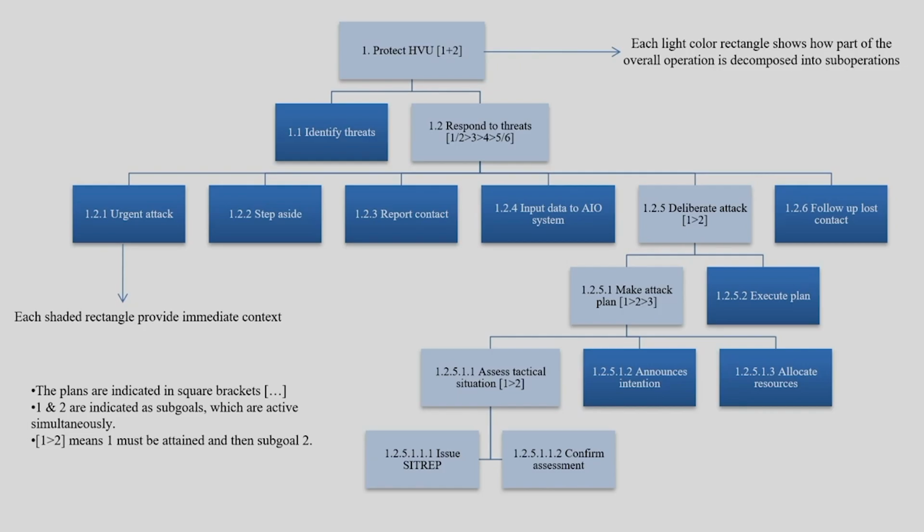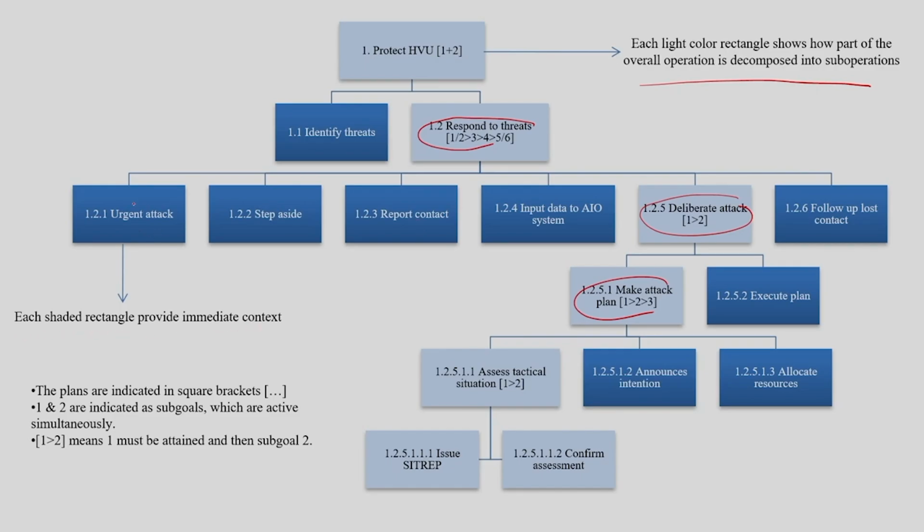Here what they are saying is that each light color rectangle shows how part of the overall operation is decomposed into sub operations. So all these 1, 2, here 3. All the light color ones you are going further down, whereas the deep color, each shaded rectangle, provides the immediate context.